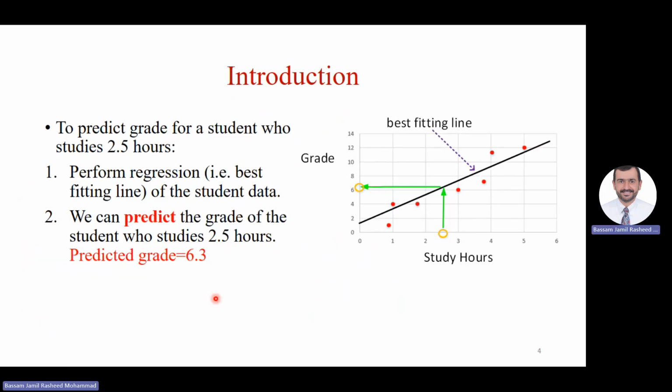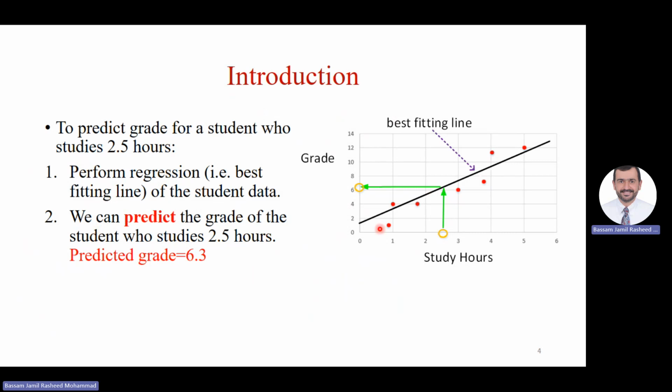All right. Now, to predict the grade of a student who studies 2.5 hours, as we mentioned in the earlier slide, we'll do this line regression or line fitting. We'll try to find the best fitting line. This is in the black color.